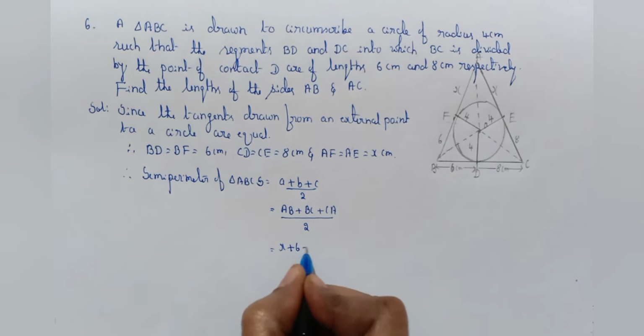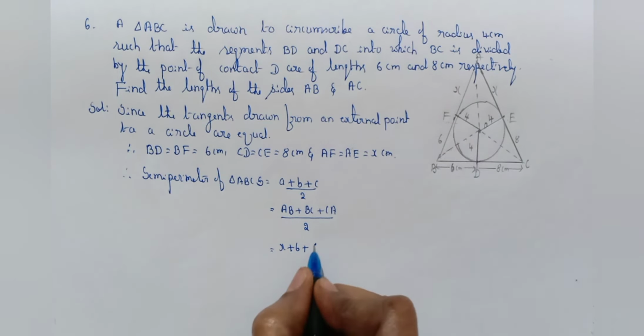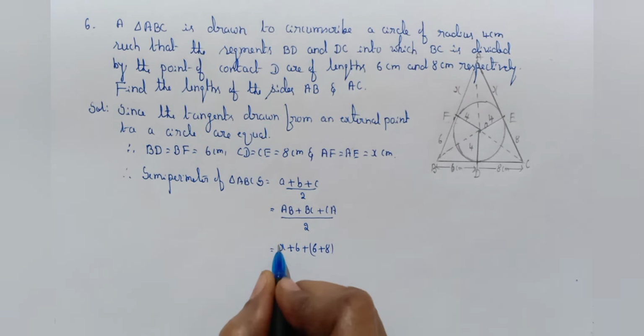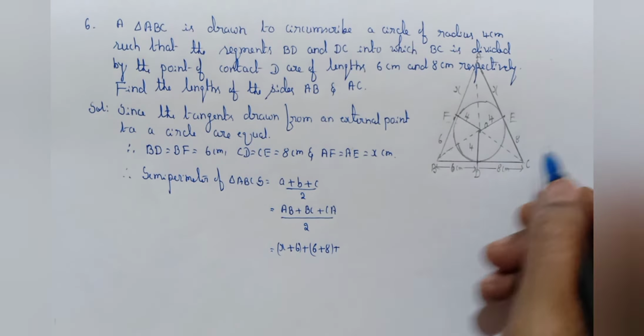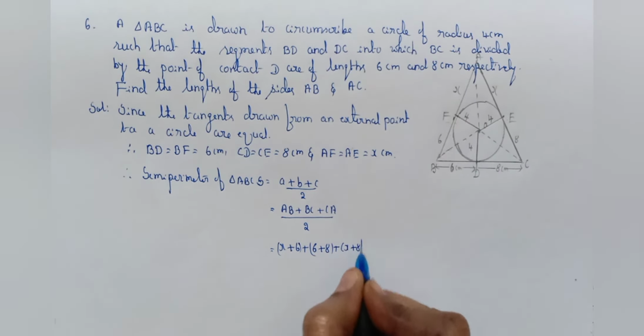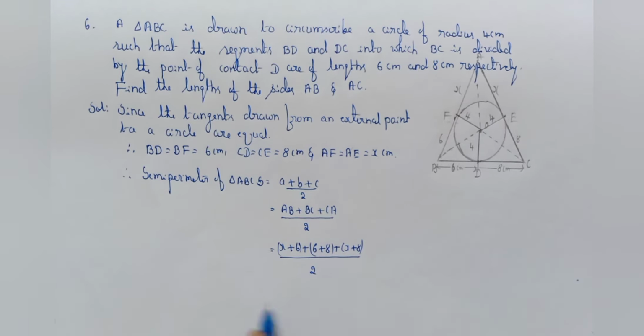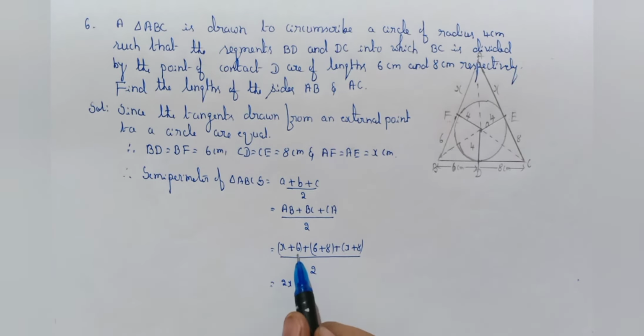BC is 6 plus 8. And CA is x plus 8, by 2. x plus x, 2x plus 6 plus 6, 12, 12 plus 8, 20, 20 plus 8, 28. 2x plus 28 by 2. Here we can take 2 common factor. 2 times x plus 14 by 2. Cancel this 2. Therefore, the semi-perimeter is equal to x plus 14.